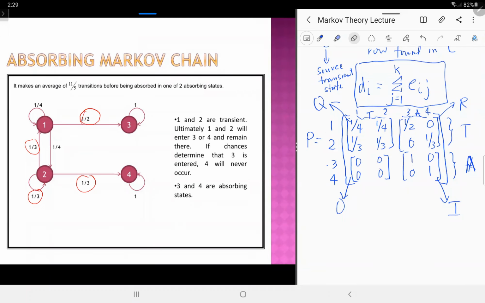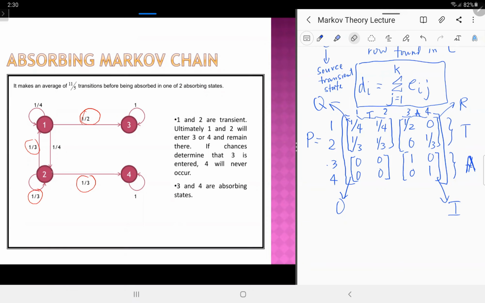Or there's another possibility: you can go from transient state 1 to transient state 2, go back to 1, go back to 2. So what you're counting is how many times you passed through 2 before being absorbed.